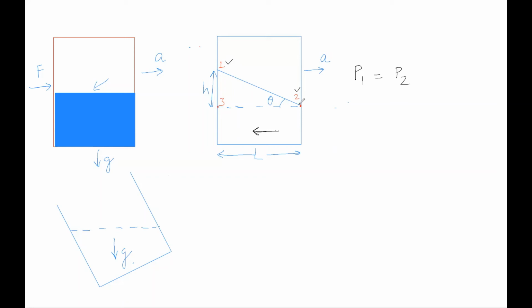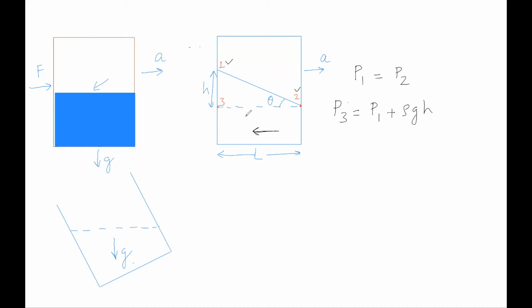Also we will write Pascal's law for the horizontal direction, that is, point 2 and point 3. Begin with point 1 and point 3. From Pascal's law, pressure at 3 should be equal to pressure at 1 plus rho g h, where rho is the density of the fluid and g is the acceleration due to gravity. That is how P3 is equal to P1 plus rho g h.